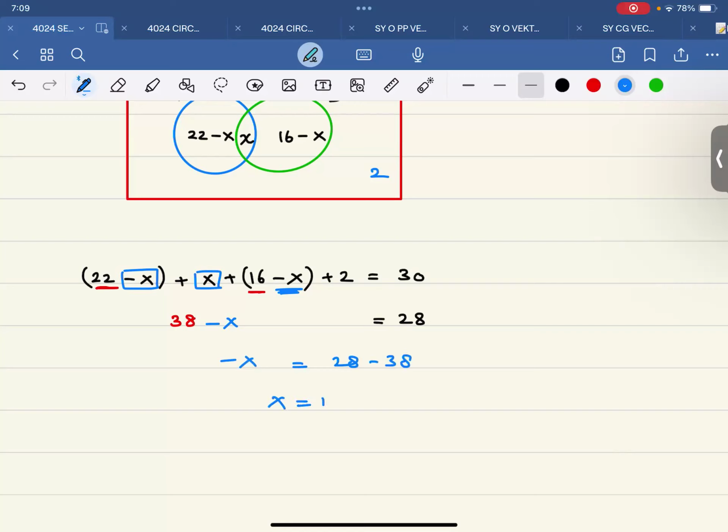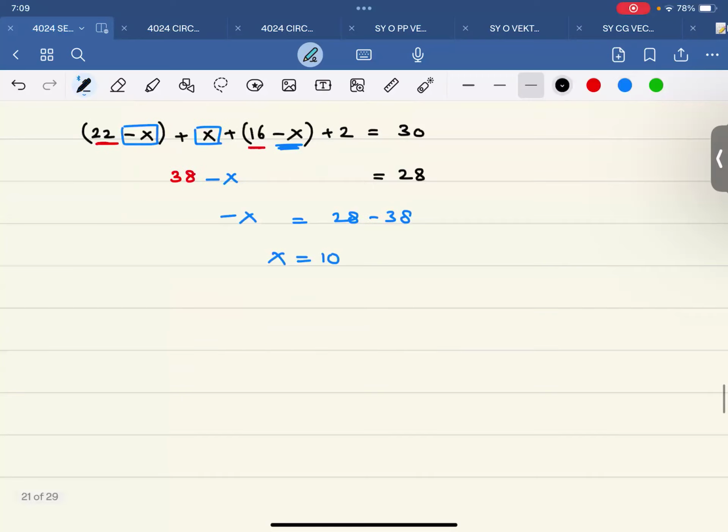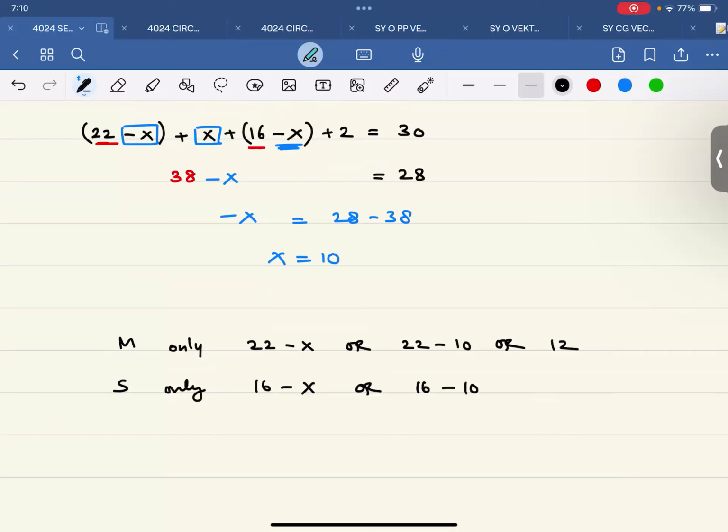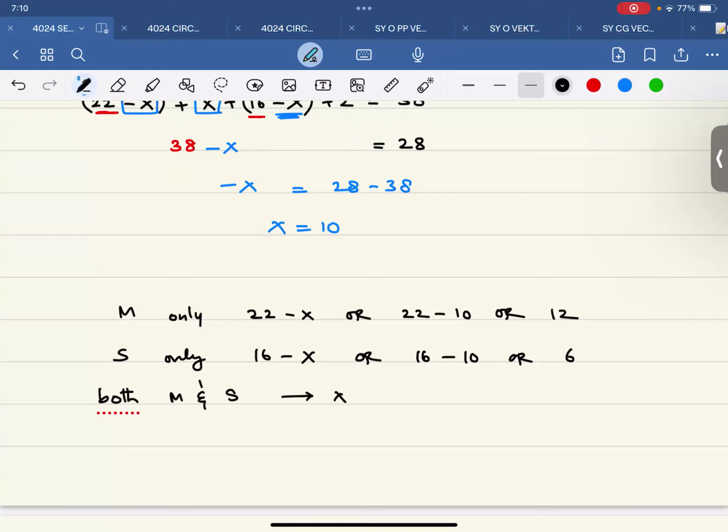What it means is that math only is 22 minus X, which is 22 minus 10, which is 12. Science only is 16 minus X, which is 16 minus 10, which is 6. The number studying both math and science is X, and that is 10.